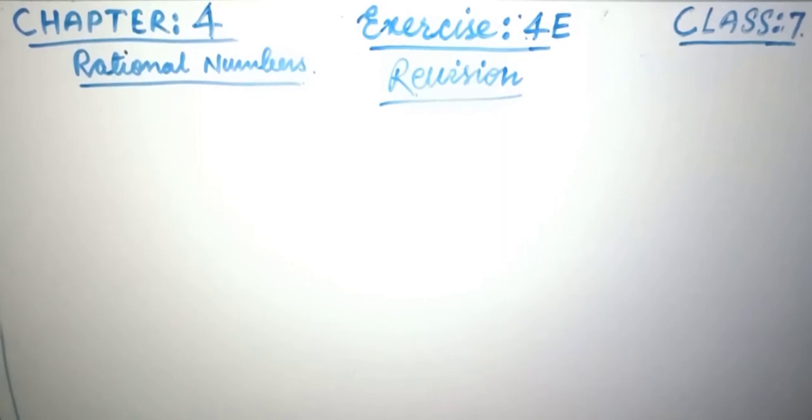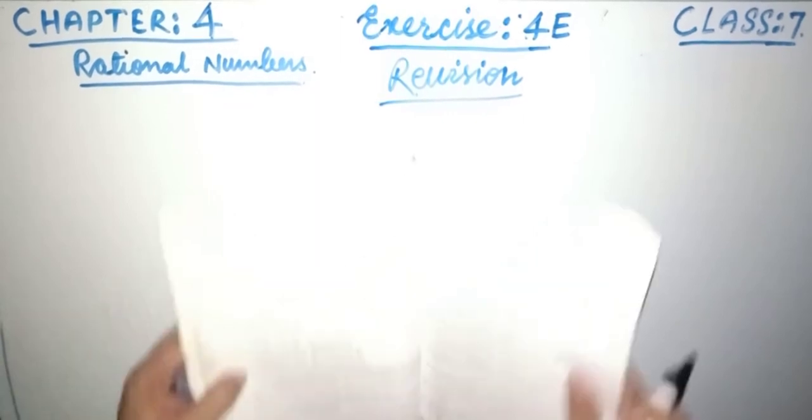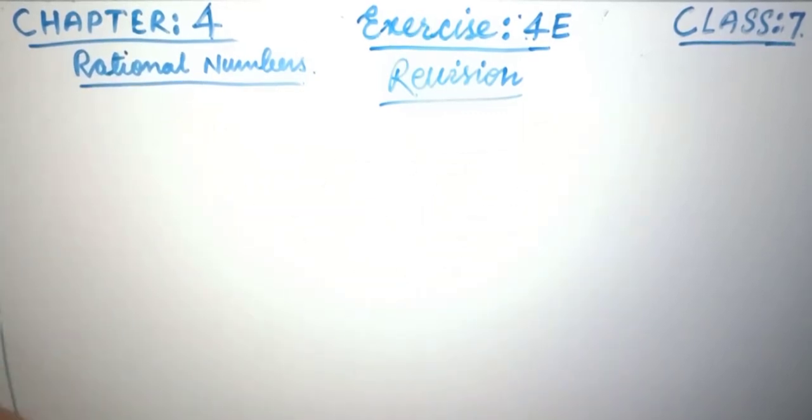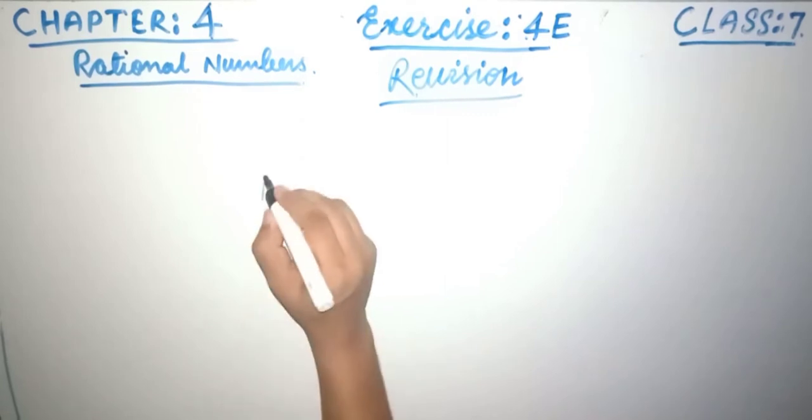Now the first question says, friends, if you look at your book, find the multiplicative inverse or the reciprocal of each of the following. First, we will once again understand what the multiplicative inverse or the reciprocal is.